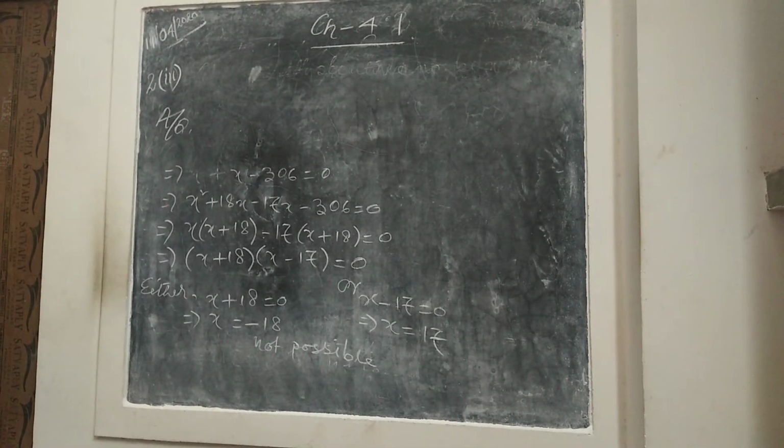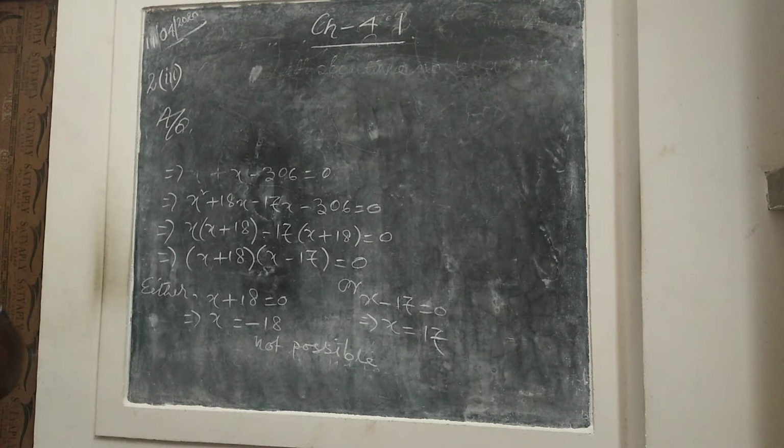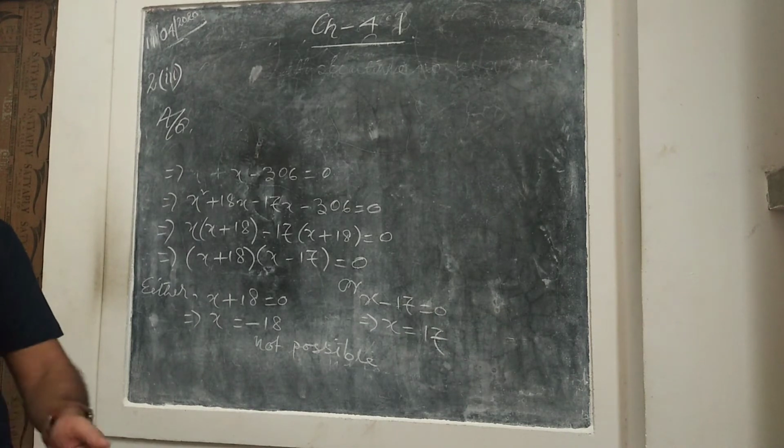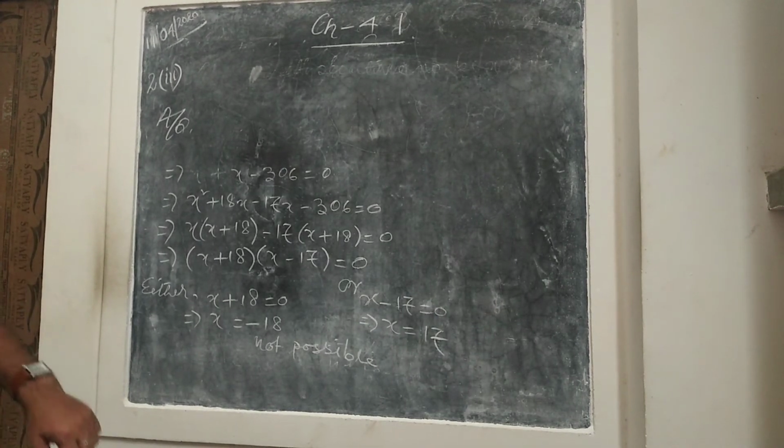Let Rohan's age be, because here Rohan is independent and his mother depends on Rohan's age. That means if you know Rohan's age, you can know Rohan's mother's age as well.